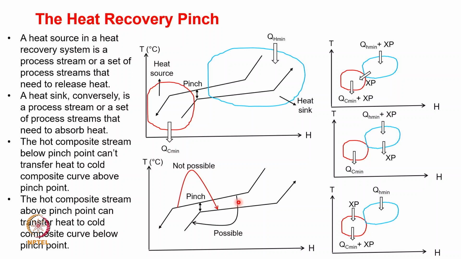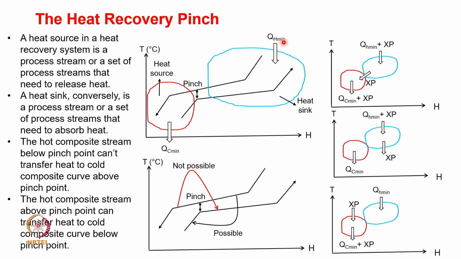Okay. So, let us say we are adding an additional heat of xp, above the heat utility. If the curves are not covering each other, the remaining part of the heat, be it from the cold or from the hot side, has to be managed by some type of heat utility.